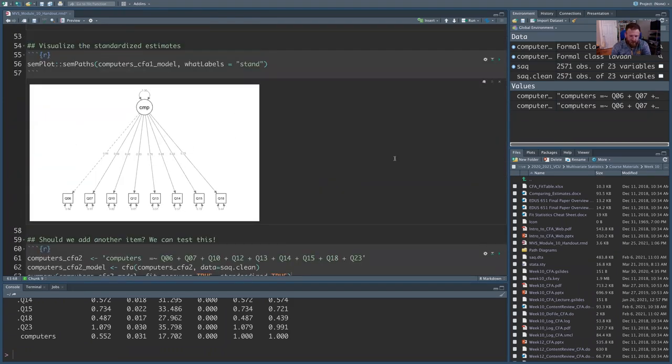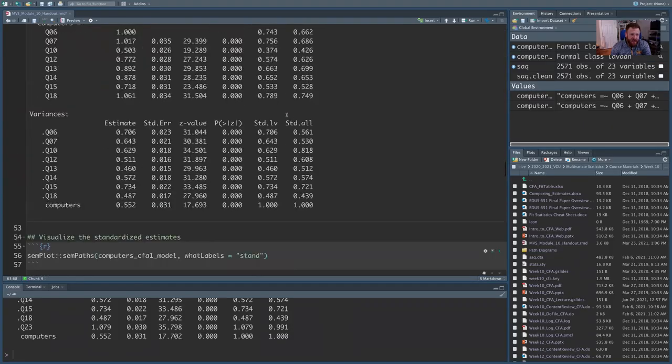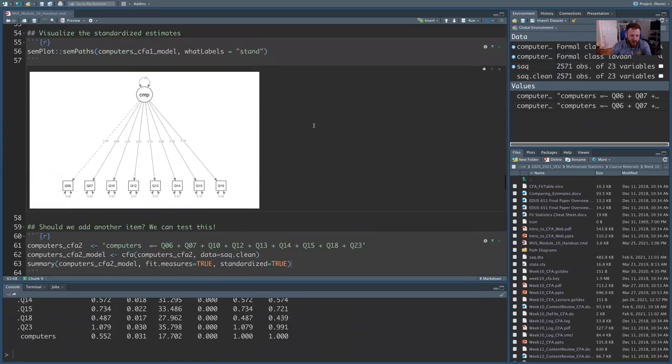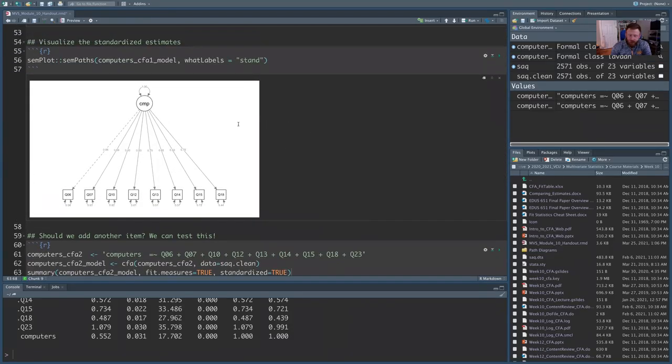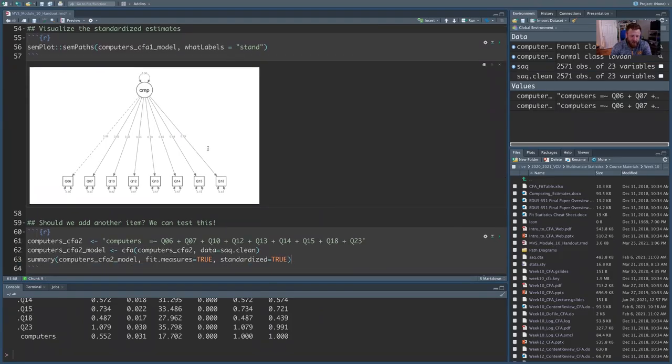And we looked at how to generate both standardized and unstandardized solutions, how to examine model fit, some of the parameter estimates, and also how to create a pretty cool path diagram.